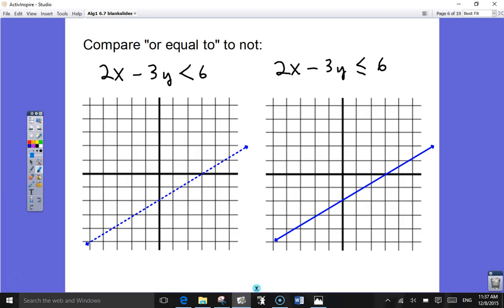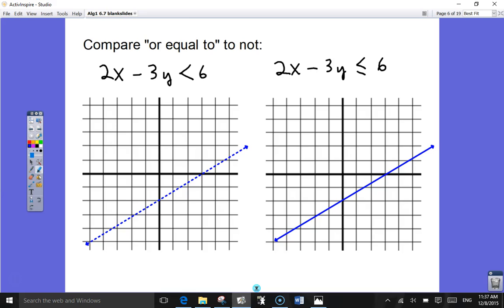This is like the open circle. It means the points on this line actually do not solve that equation, right? When you have or equal to, that means the points on that line do solve the equation. So we're going to have to draw the line and then decide based on whether it's or equal to or not, whether you use a dashed line or a solid line.